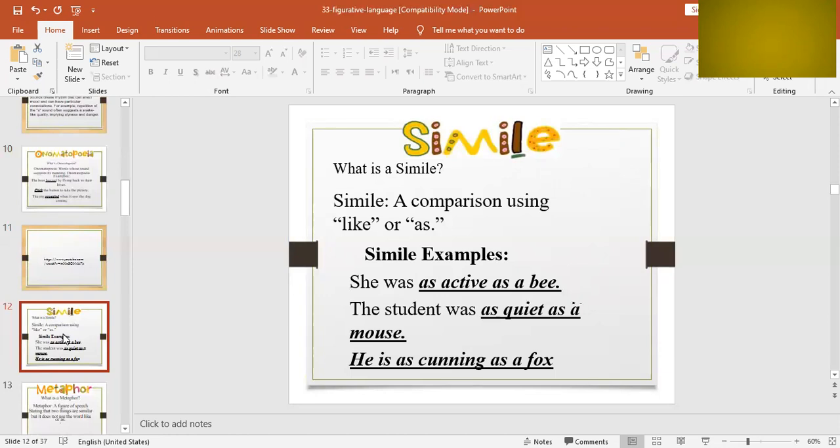You should use words like, or as. Examples of simile: she was as active as a bee. As active as a bee.